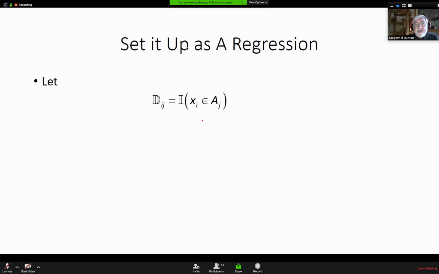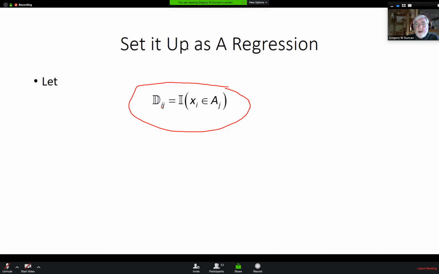So you set it up as a regression in the following way. Let's set up the dummy variable dij, which is equal to 1 if xi is in interval j, and 0 otherwise.